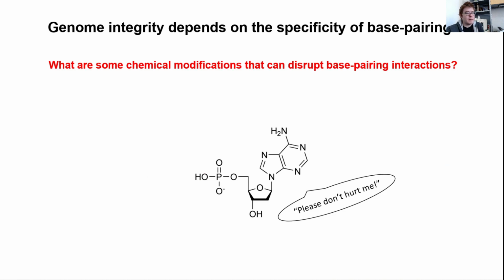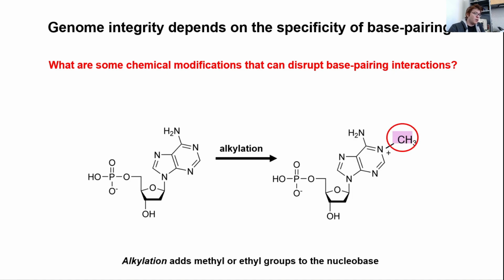So what are some chemical modifications that could disrupt base pairing interactions? So we have this perfect adenine nucleotide monophosphate here, and what types of chemistry can we do to it, and what types of chemistry can disrupt base pairing interactions? So one of the common things that can happen to a base like this is a process called alkylation.